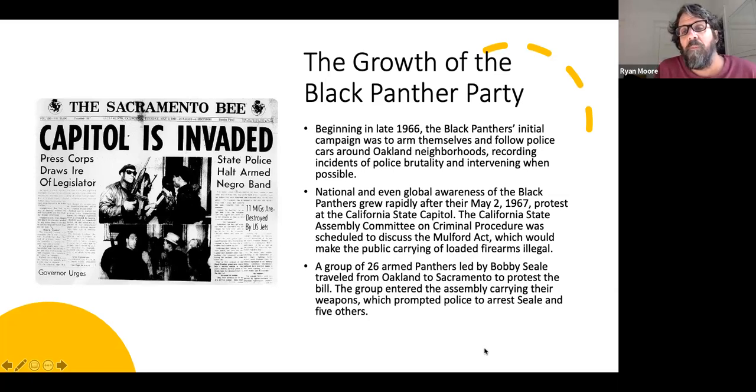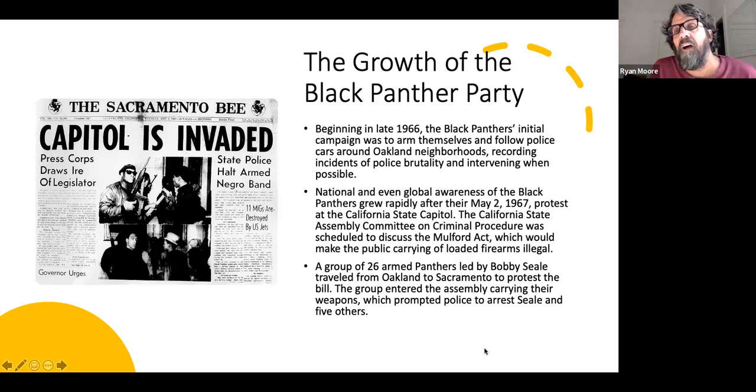The State Assembly Committee on Criminal Procedure was scheduled to discuss what was known as the Mulford Act, which would have made the public carrying of loaded firearms illegal.